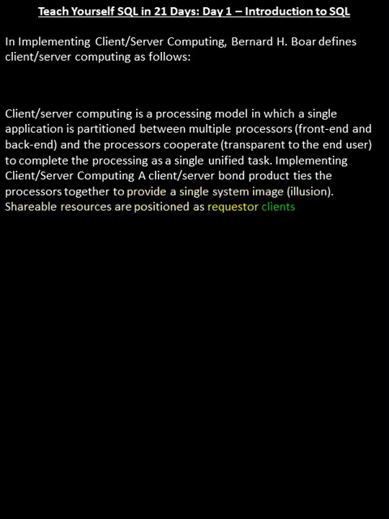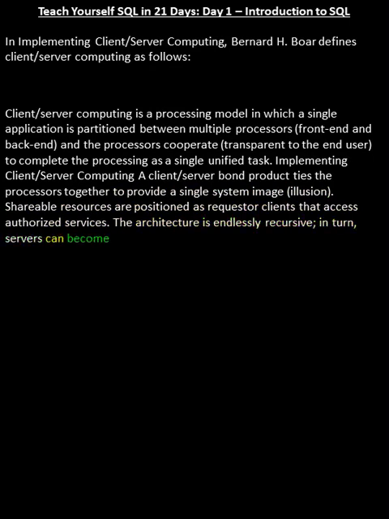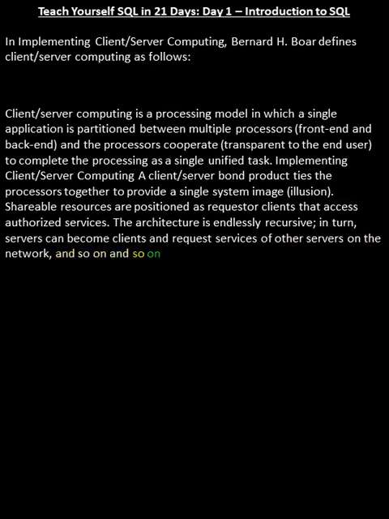A client-server product ties the processors together to provide a single system image, or illusion. Shareable resources are positioned as requester clients that access authorized services. The architecture is endlessly recursive. In turn, servers can become clients and request services of other servers on the network, and so on and so on.